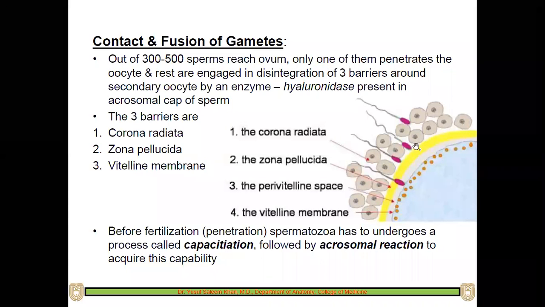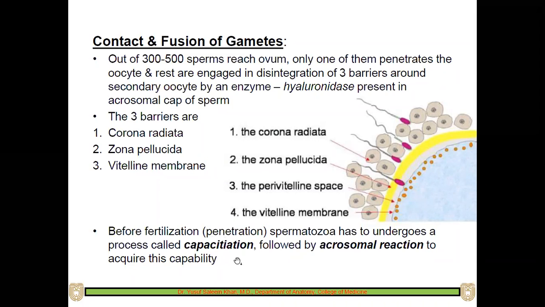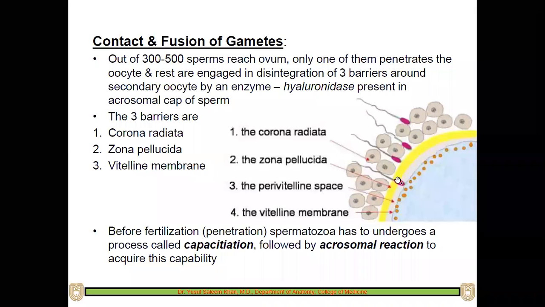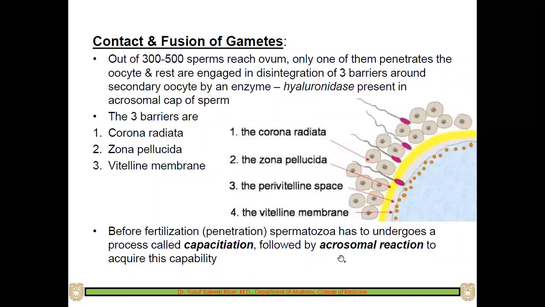So there are not only changes taking place within the oocyte, there are also changes taking place within the sperm. It has to undergo capacitation followed by the acrosomal reaction to acquire this capacity. Only the sperm that undergoes these two processes, capacitation and acrosomal reaction, has the capability to enter the oocyte.